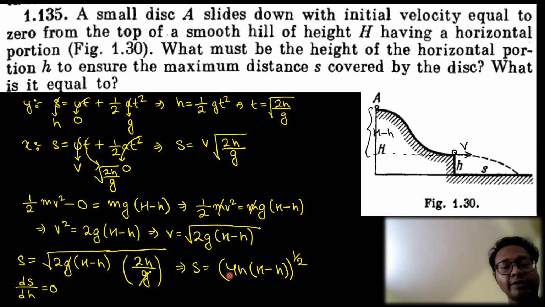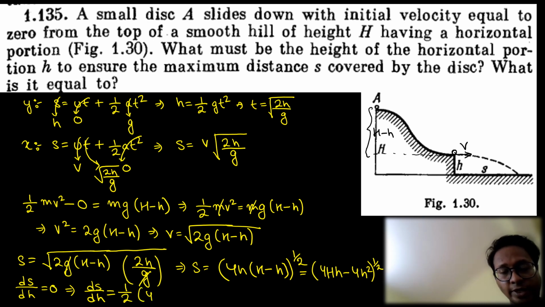Just before differentiation, let's multiply this 4h inside the bracket. So it becomes 4 into capital H small h minus 4h square, to the power 1 by 2. Now I have to differentiate this entire term with respect to small h. So ds by dh is half into this entire term, 4Hh minus 4h square, applying the chain rule, to the power half minus 1, which is minus 1 by 2.